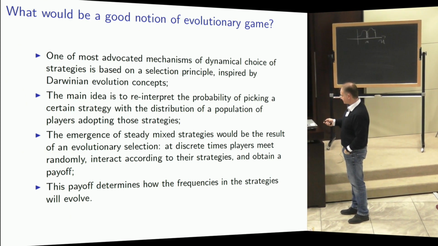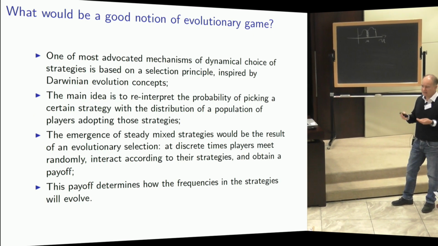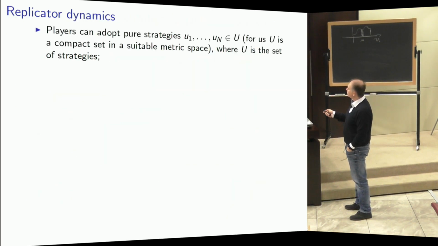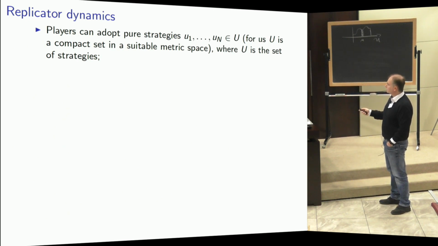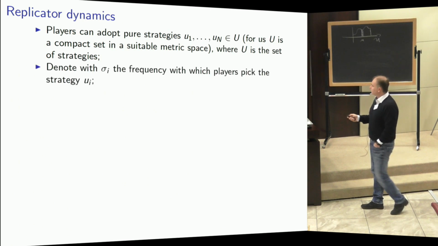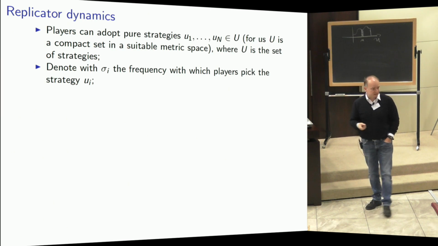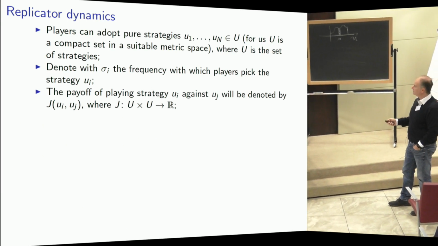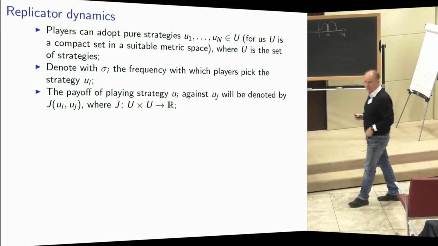So the payoff determines the frequency that a strategy should have, and we try to increase in that direction. To start, we consider a finite number of strategies picked in a suitable compact set of strategies, and we denote with sigma_i the corresponding frequency with which players pick strategy u_i. We have a payoff functional that tells you whether strategy u_i with respect to strategy u_j is better or not.